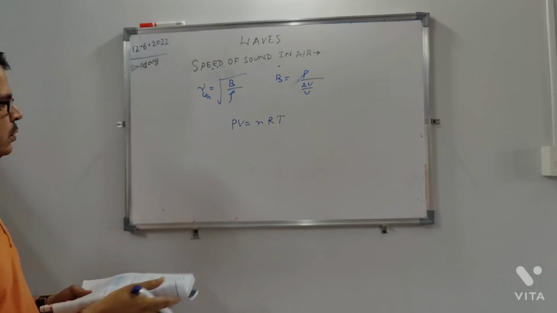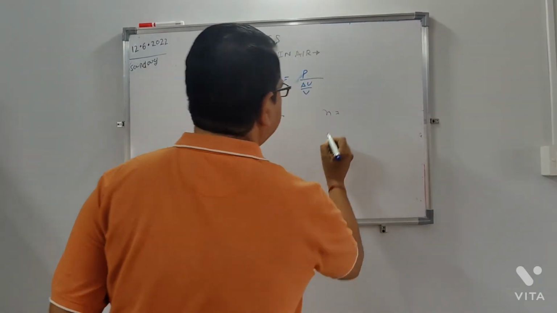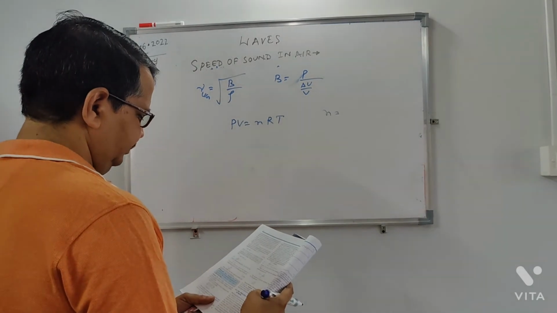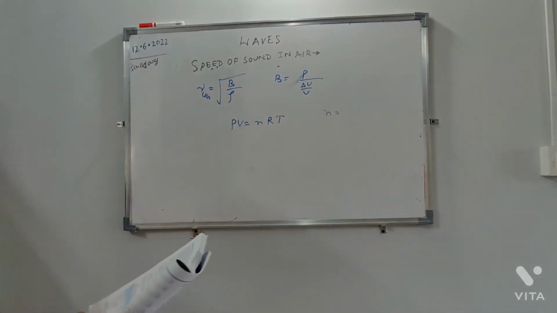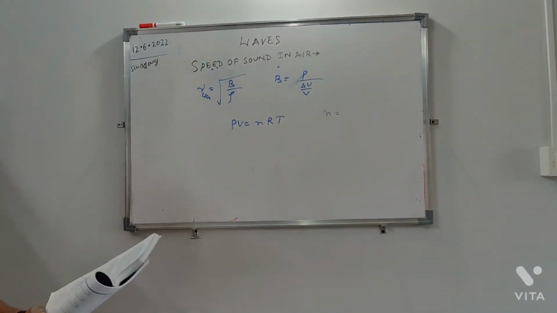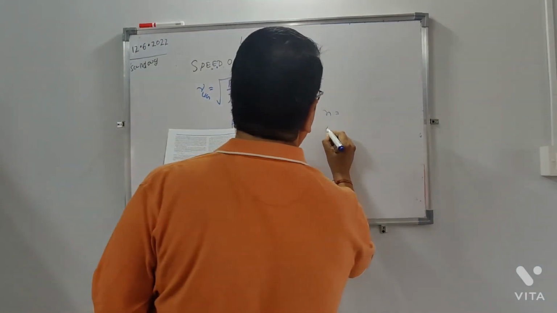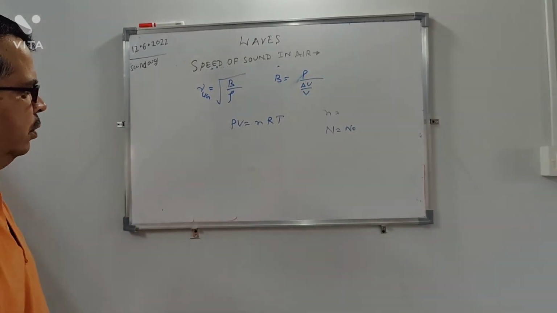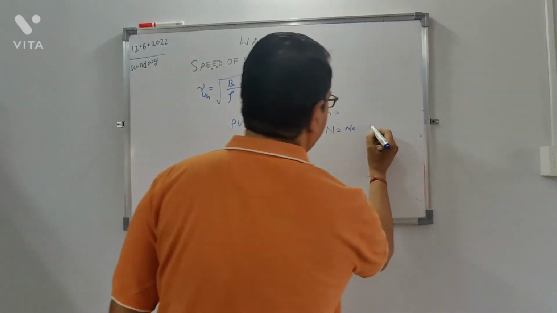So what is my number of moles? In a gas, how much at STP? n is equal to the number of moles, n is equal to the number of molecules.